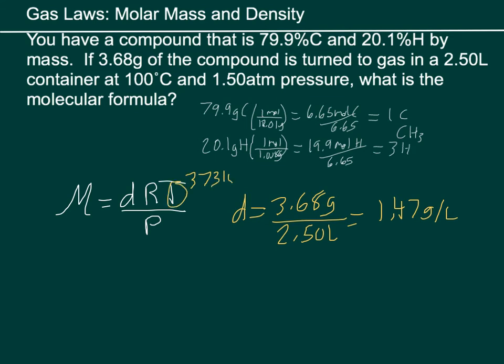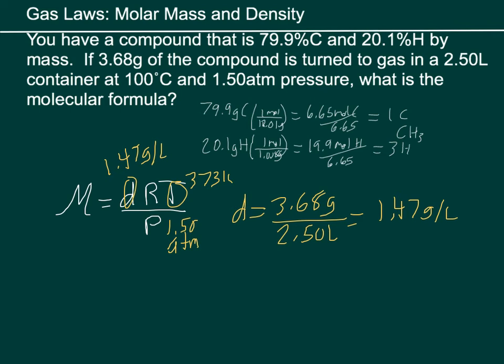That's the temperature. Right, the density we'll put in, 1.47 grams per liter. R will be 0.08206 liter atmospheres per mole Kelvin, and the pressure we're given is 1.50 atmospheres. So we do 1.47 times 0.08206 times 373, divided by 1.5.